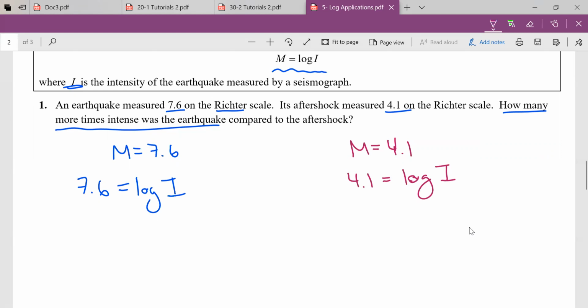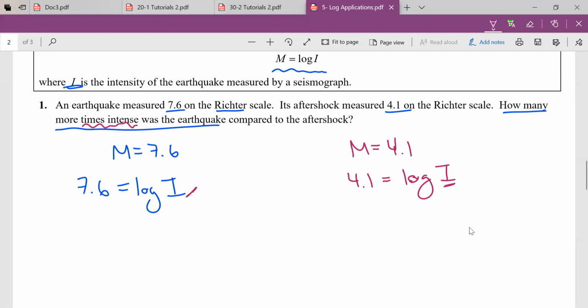What do I do? Well, it says how many times more intense. So what do we need to solve for? Intensity, that's I. Intensity is the unknown that's inside my logarithm. If my unknown's inside my logarithm, let's convert to an exponential.